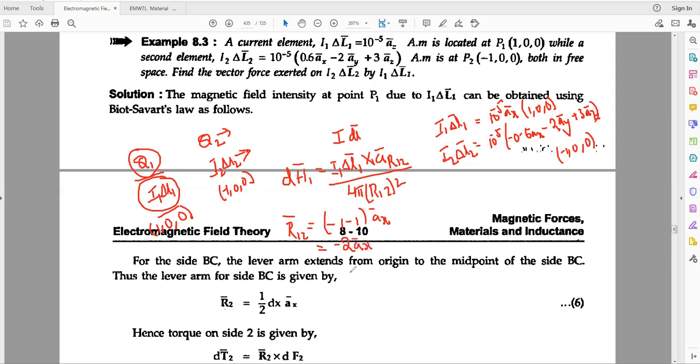Its magnitude is the square root of (-2) squared, which is equal to 2.